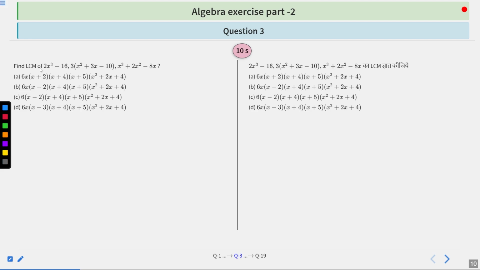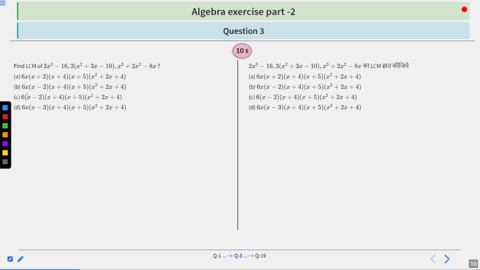Next, find the LCM of 2x³ - 16, thrice of x² + 3x - 10, and x³ + 2x² - 8x. And options are: option A, 6x into x + 2 into x + 4 into x + 5 into x² + 2x + 4.